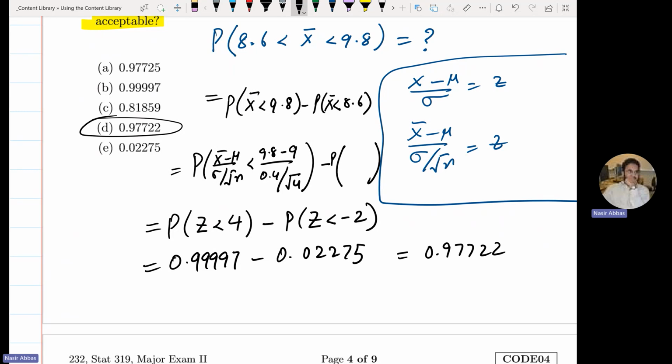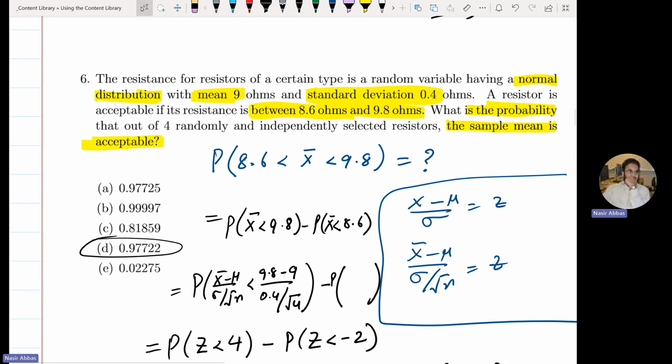Any question? Yes. But you didn't mention that it is independent. For dependent samples, we did not take anything related to finding the probability of sample mean when the observations are dependent. It will be independent. If it says random sample, it is always independent observations.